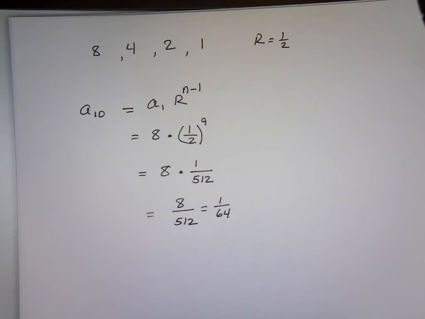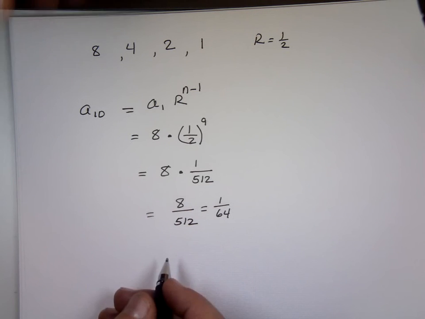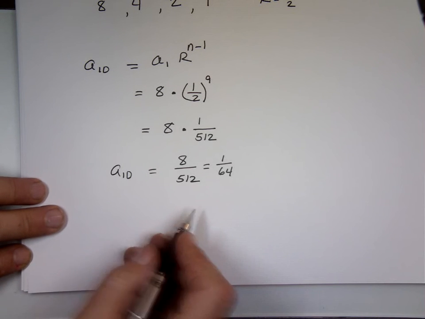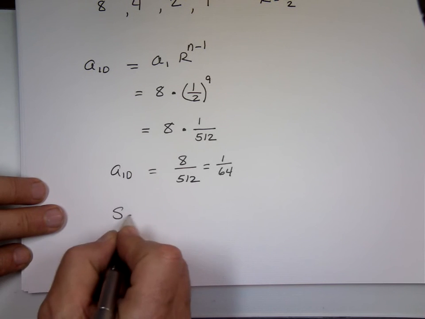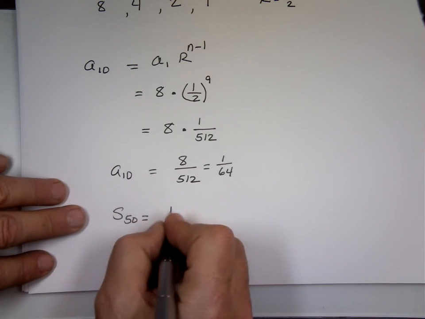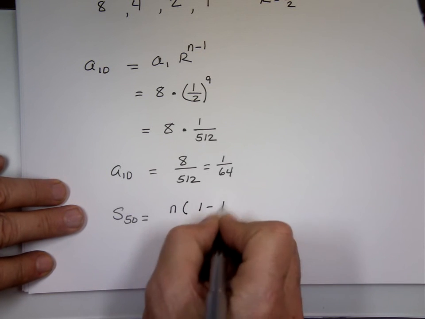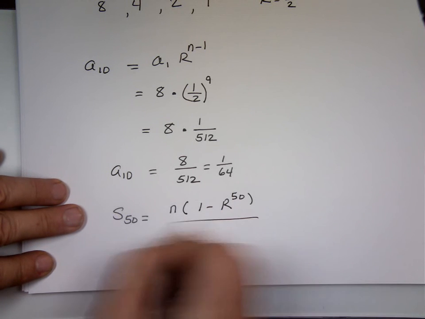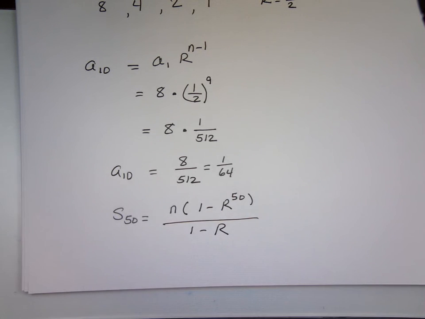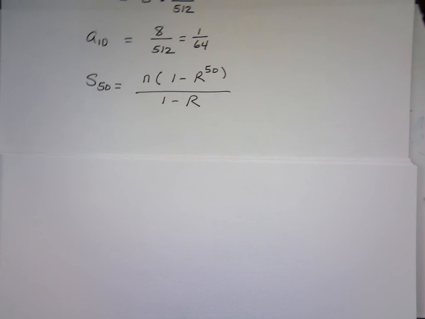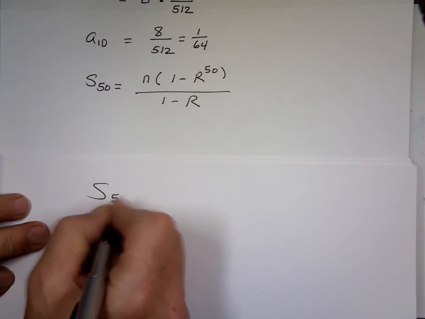But I can add here the first, which one is this? That's a10. Now I can add the first 10 numbers, or the first 50 numbers. What's the sum of the first 50? a1 times 1 minus r to the power of n over 1 minus r. n is what? 50?